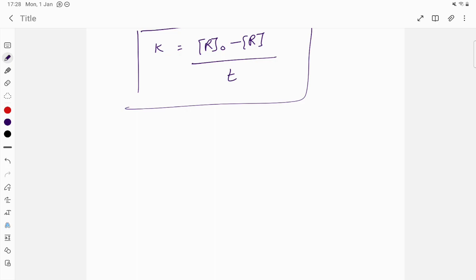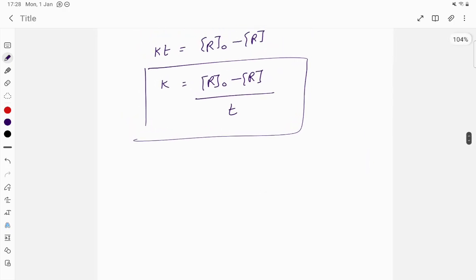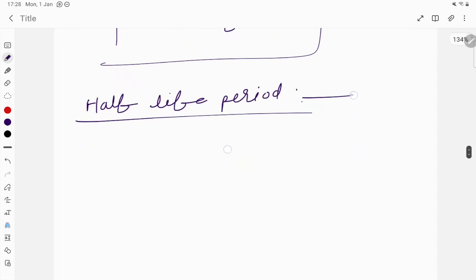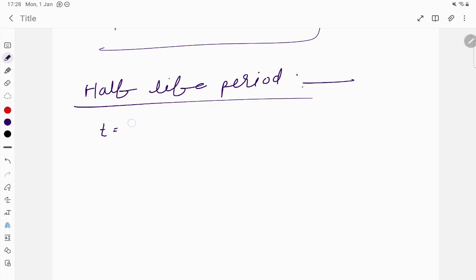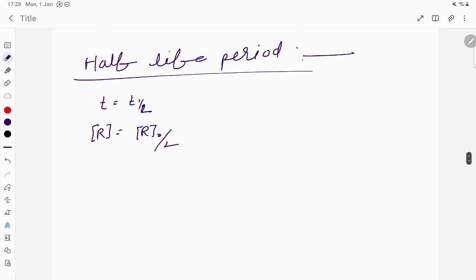In case of half life, the concentration becomes half. So for the half life period, we put t equal to t1 by 2, and R is equal to R naught by 2.